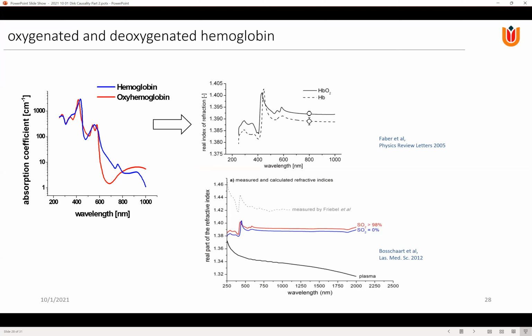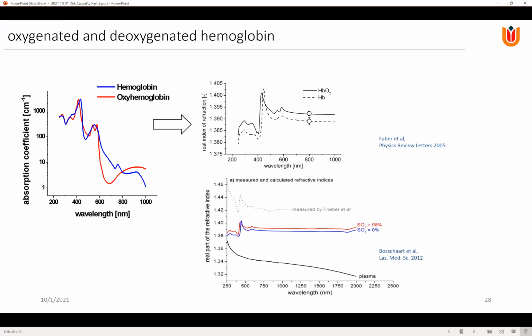Anything you notice in the lower wavelength range? The differences? Start at 250, it drops off. Yeah. So the calculation seems to be just hobbling along here, and then this one within the measurement it actually goes up.